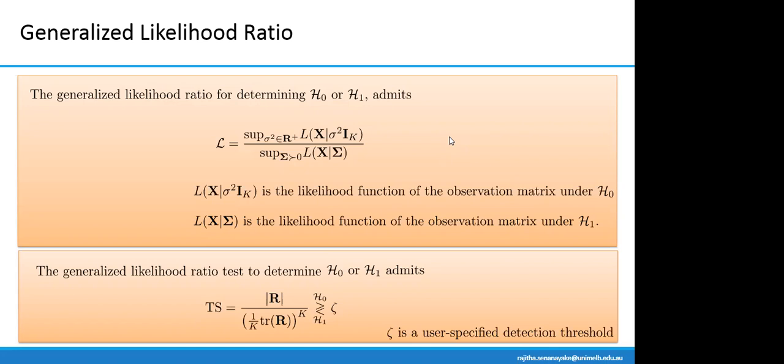So the resulting test statistic is a non-negative quantity which does not exceed 1. It just follows from the arithmetic-geometric inequality. And I also understand that R is actually a random matrix, because this is the sample covariance matrix, right?